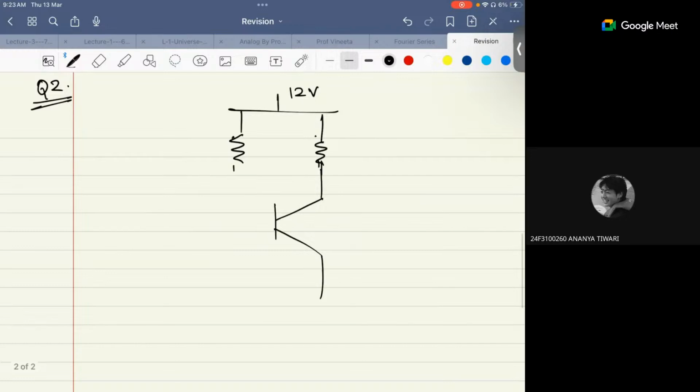So the reference voltage has been given. Resistance I'll always be writing in kilo ohm.